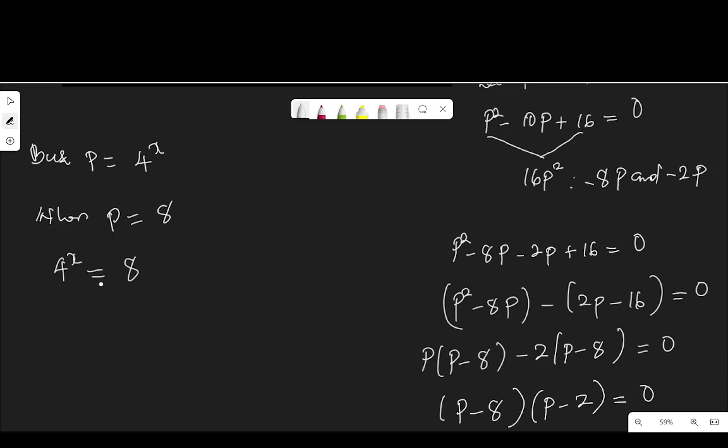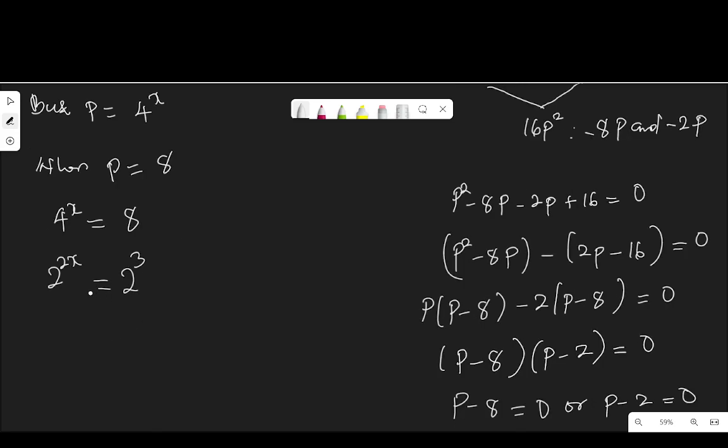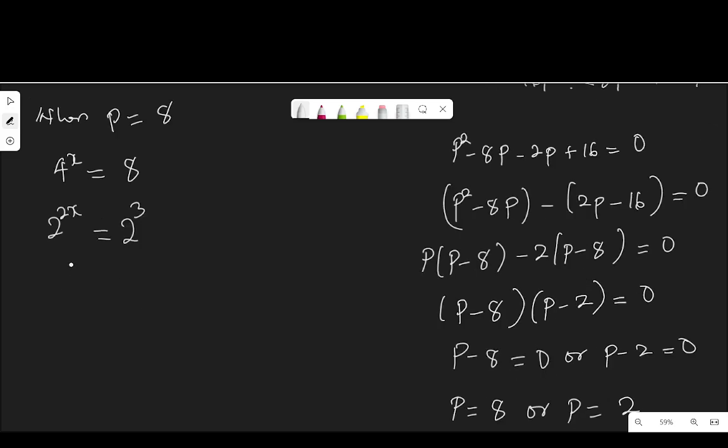Now expressing the left hand side and the right hand side in index form, I can write this as 2 to the power of 2x, since 2 to the power of 2 is 4, and 8, I can write as 2 to the power of 3. So now this is an exponential equation. In this case, the bases are the same, so we can equate the powers. The 2x, therefore, is equal to 3. So x is equal to 3 divided by 2, dividing both sides by 2.